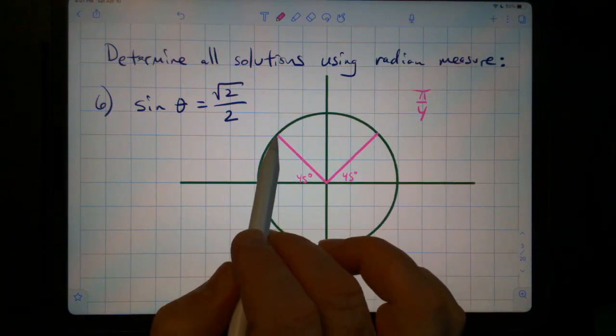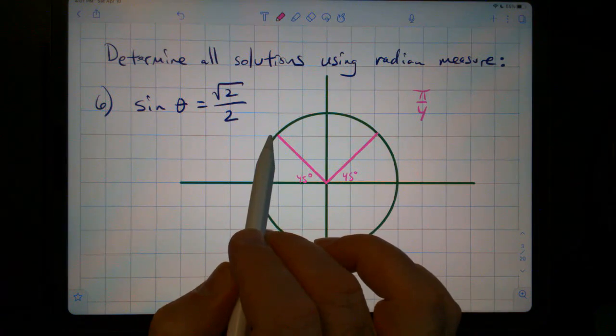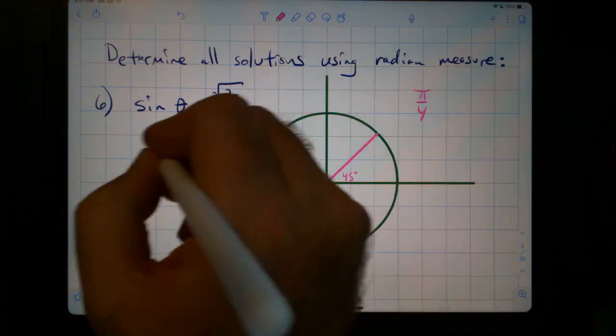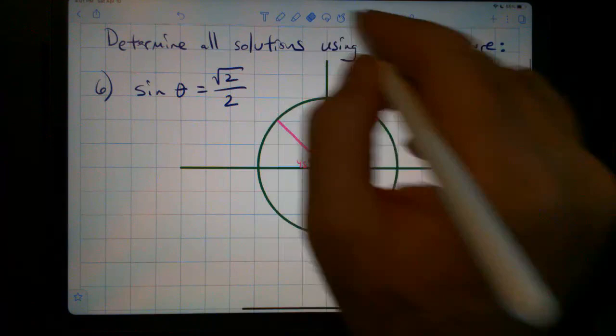But also this value here, which would be 3 pi over 4.